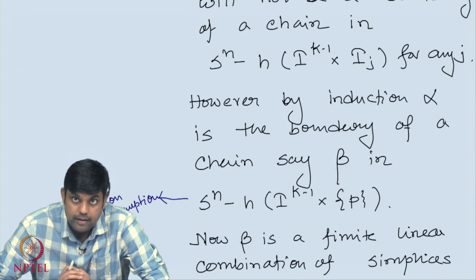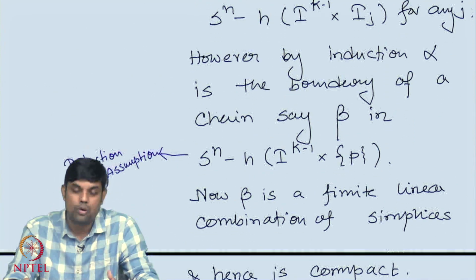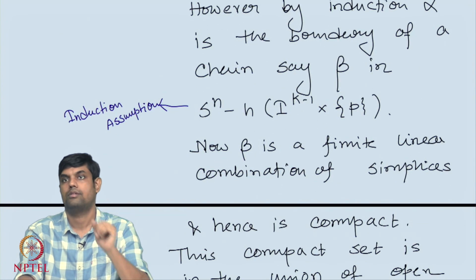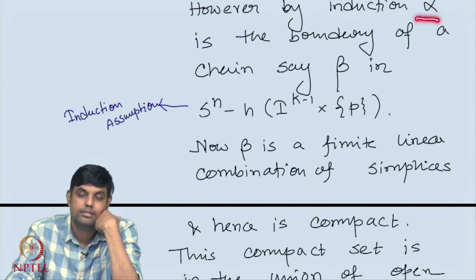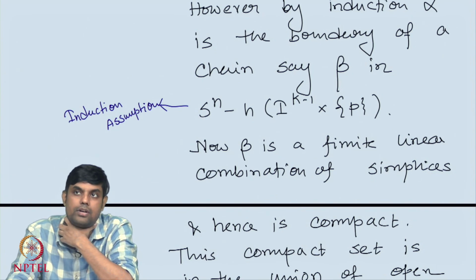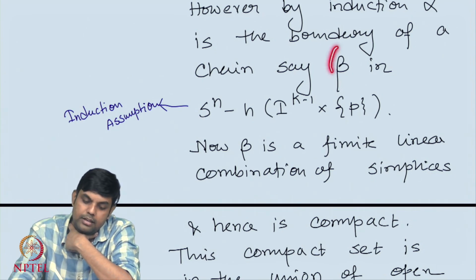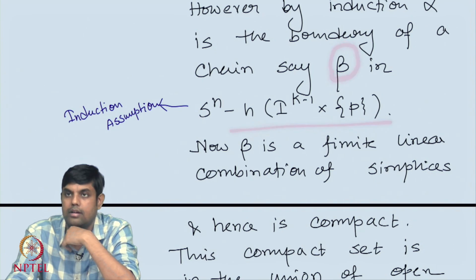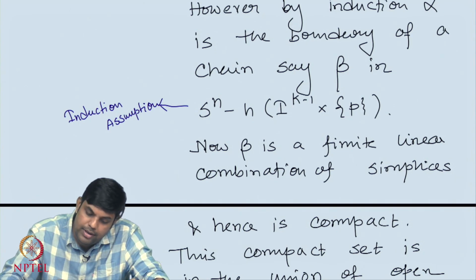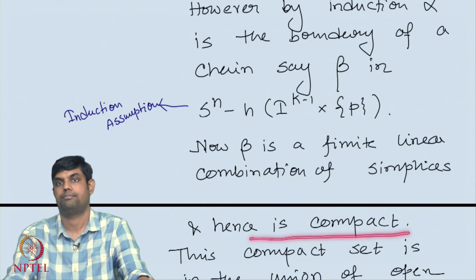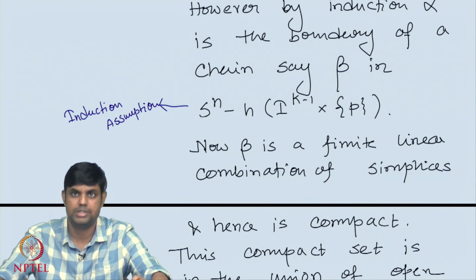So, by induction, alpha is a boundary of a chain, say beta, in here. Now, there is a small technical point. First of all, alpha is a cycle and alpha is a boundary of the chain beta in here. Because beta is a finite linear combination of simplices, it must be compact. This thing is crucial.